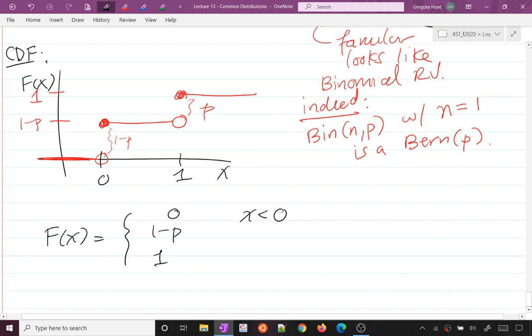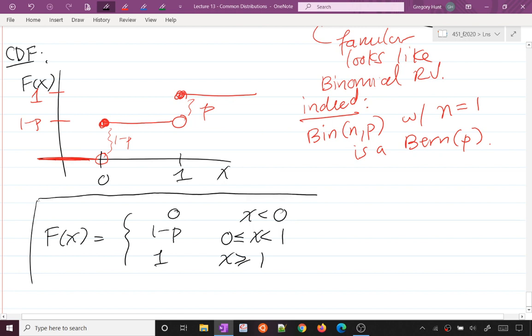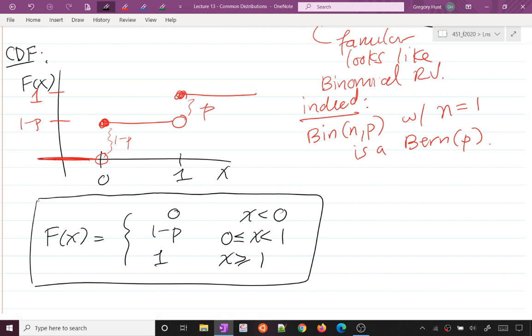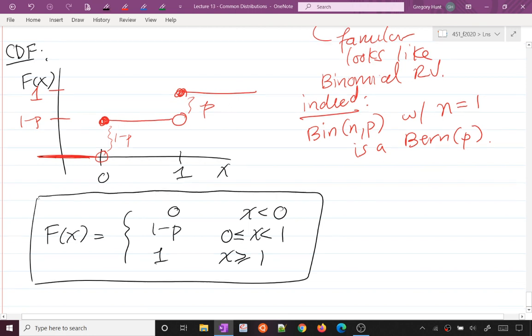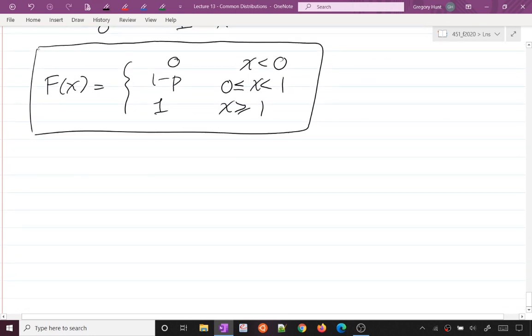Now we have to be careful at less than or less than or equal because it's a discrete distribution. If x is less than 0, it's 0. If it's greater than or equal to 0 but less than 1, it's 1 minus p. And if it's greater than or equal to 1, then it is 1. Those less than or equal are very important here because it's discrete and it has a non-zero probability of ending up at any particular value. So we have to be very careful about the boundaries between our support. So that's the CDF, maybe not the most exciting thing.